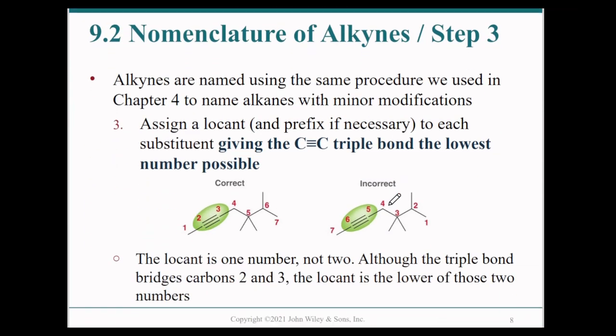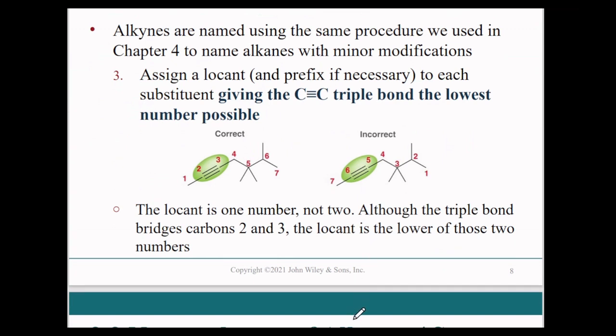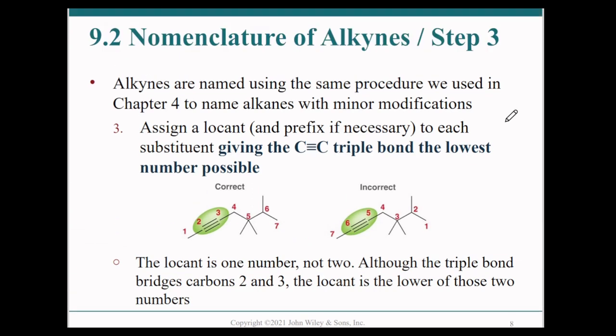All right, and so again, we want to give our alkyne functional group the lowest number possible. And so, for example, if we numbered the molecule, let's say from left to right here, we can give our alkyne the number 2: 1, 2, 3, 4, 5, 6, 7.